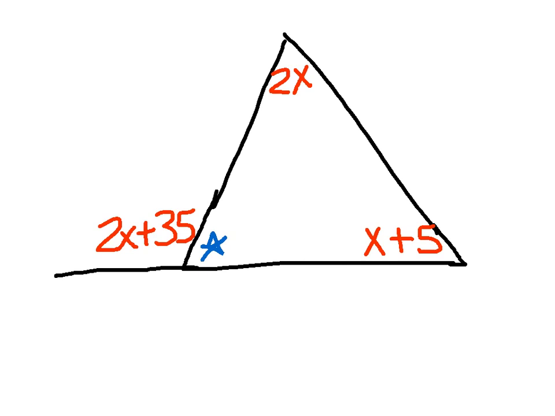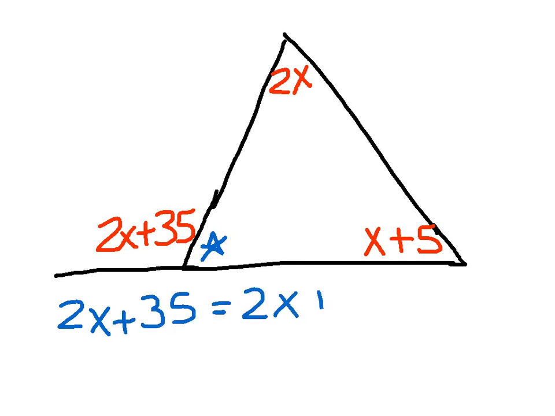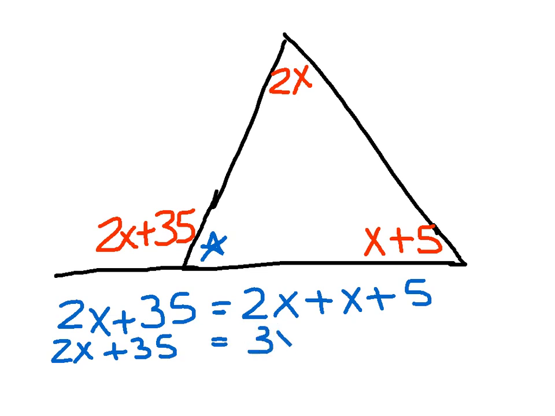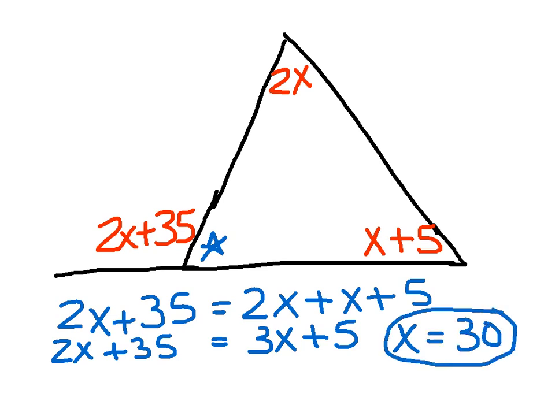So we're going to have to rely on the exterior angle theorem and just say that the exterior angle is equal to the two remote interior angles added together. So that's a case where you have to use the theorem I just talked about.